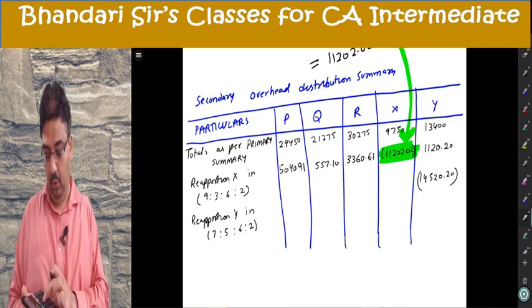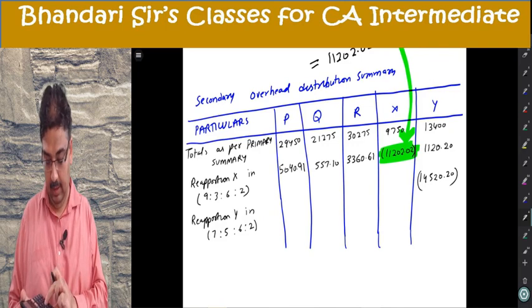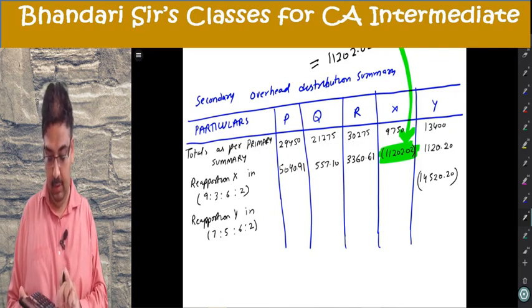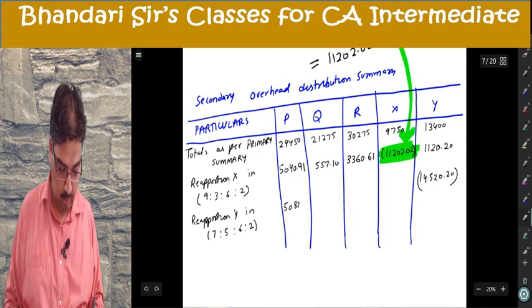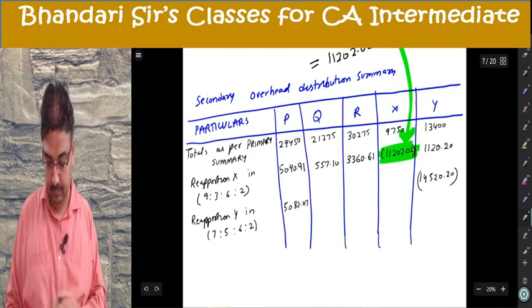So 14,520.20, if I divide by 20 into 7, I am getting 5082.07.